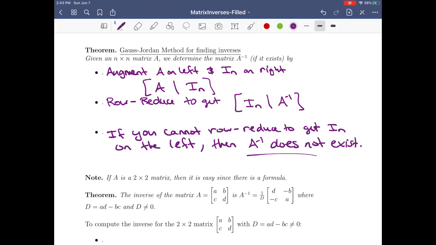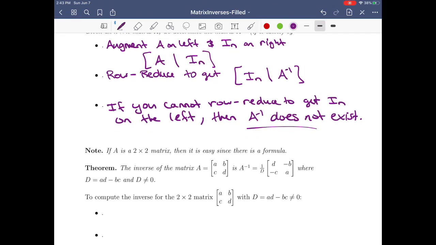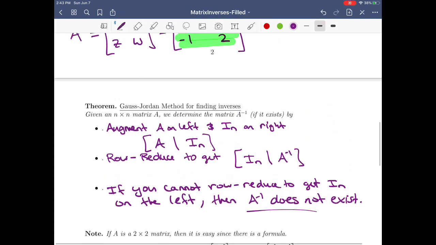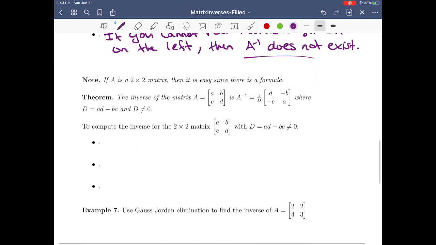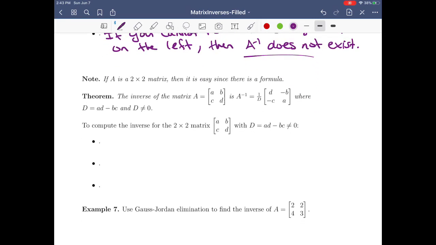Okay. Now, if you have a 2 by 2 matrix, there's a nice formula you can use. This is proved by just doing this procedure for a general matrix A. Okay. But if you want to use this formula, you're welcome to for 2 by 2s.